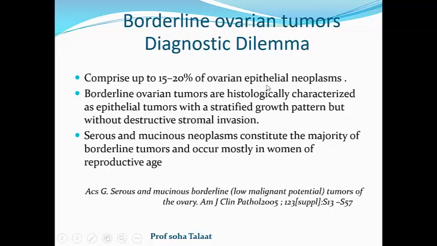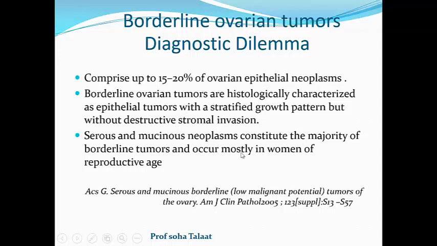Then we have also the borderline ovarian tumors. Borderline ovarian tumors are a diagnostic dilemma, ranging from 15 to 20% of the ovarian epithelial tumors. Borderline ovarian tumors are histologically characterized as epithelial tumors with stratified growth, but without destructive stromal invasion.